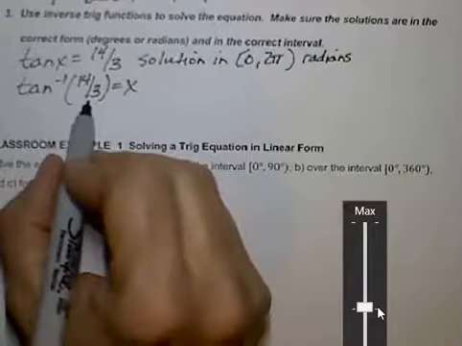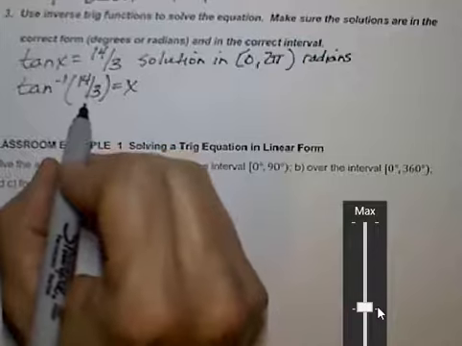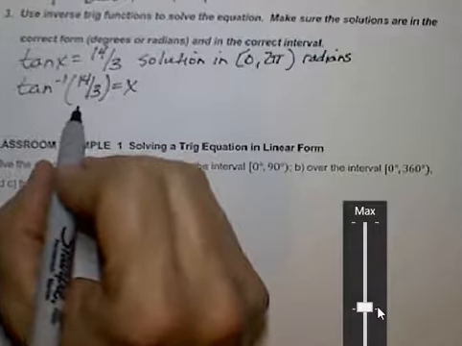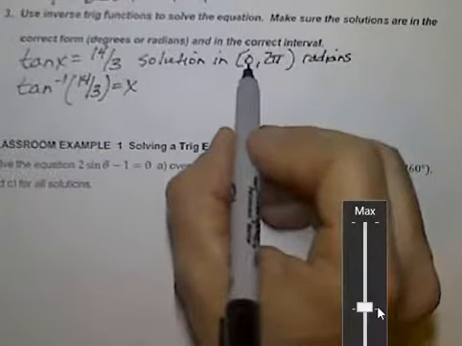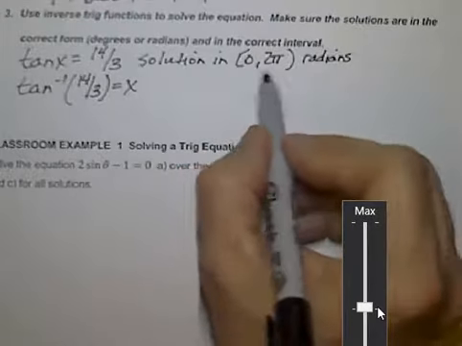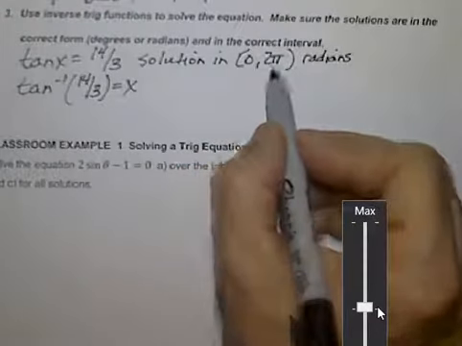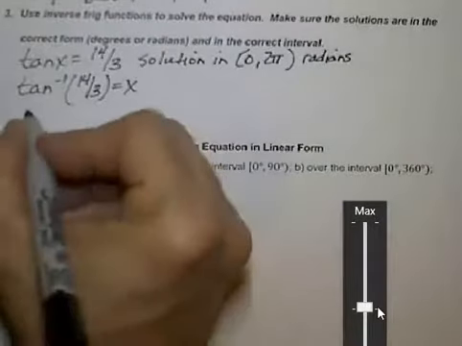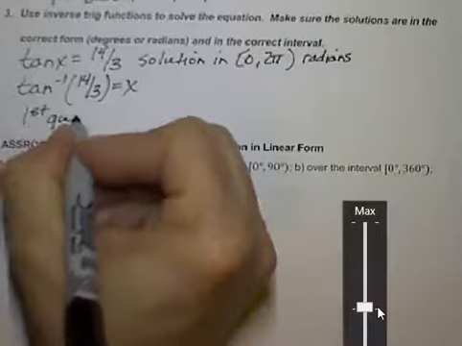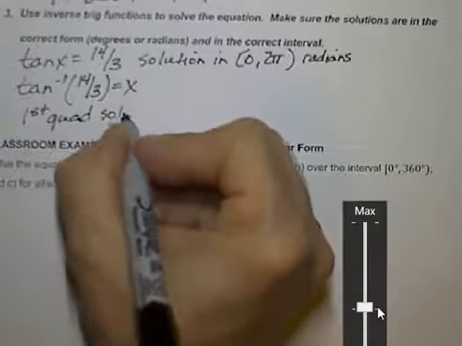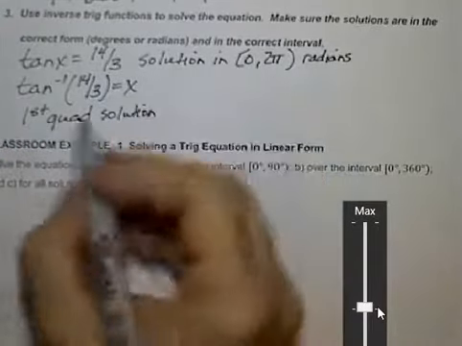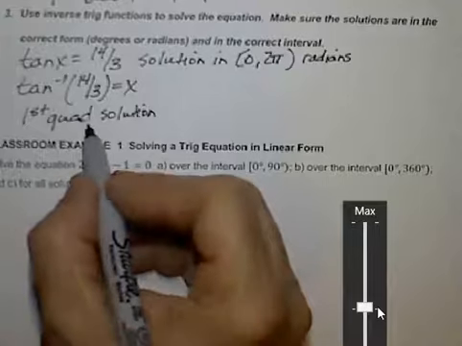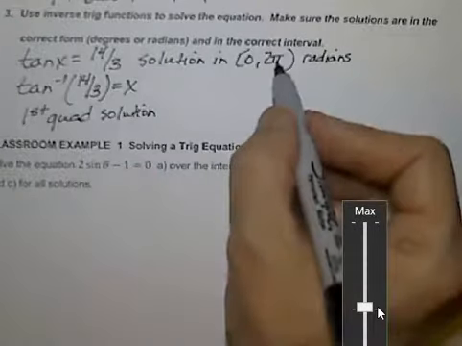The other thing that's going to happen here is that most of the time with these, we're going to end up with 2 solutions if we're looking for solutions between 0 and 2 pi or between 0 and 360 degrees. This one, because we had a positive number here, is going to give us a first quadrant solution. If we use our calculator, then we're also going to have to figure out if there's another solution between 0 and 2 pi.